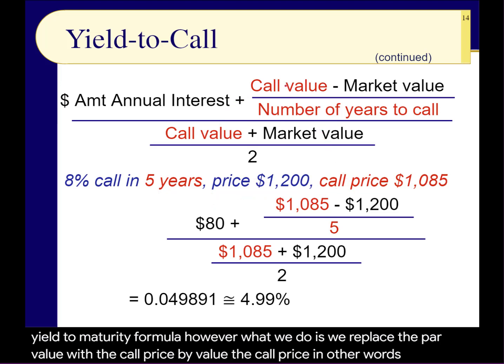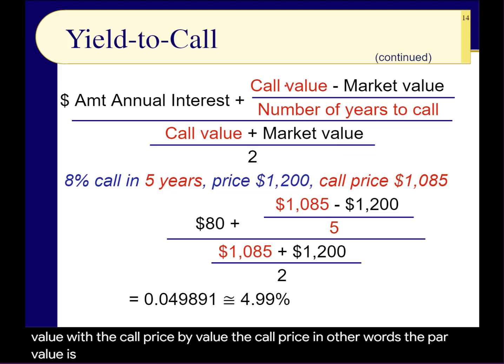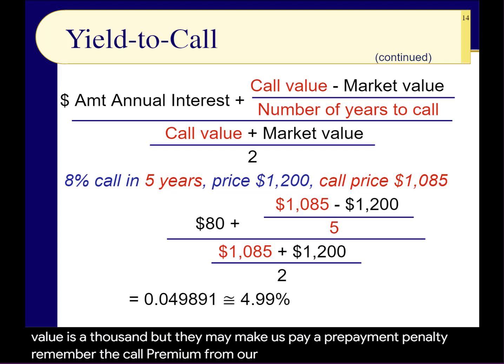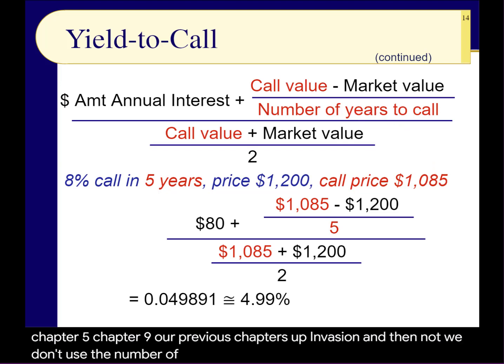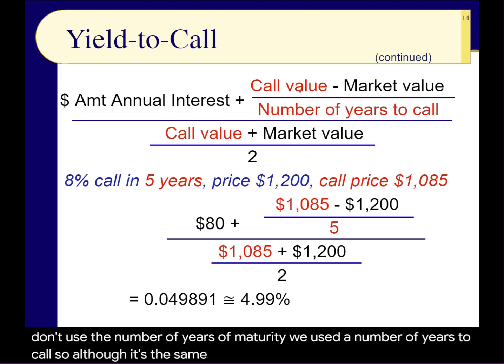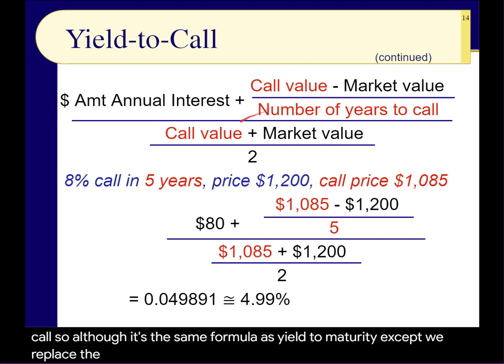In other words, the par value is 1,000, but they may make us pay a prepayment penalty. Remember the call premium from our chapter 9, our previous chapter's presentation? And then we don't use the number of years to maturity, we use the number of years to call. So it's the same formula as yield to maturity, except we replace the par value with the call value.